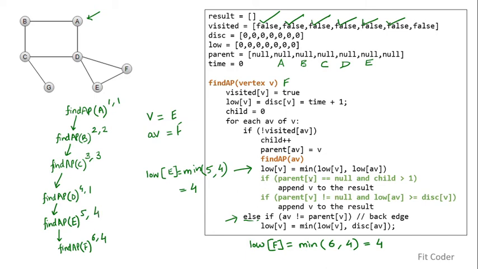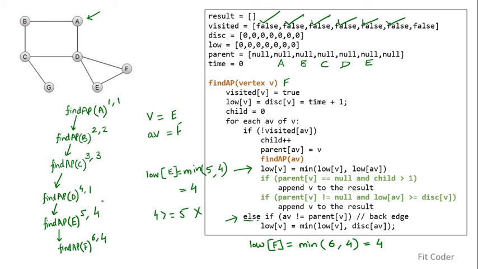Parent of E is not null, so we come in the next if condition: low of AV is greater than discovery time of V. Low of AV, which is F, is 4, and discovery time of V is 5. So this condition is not true, so we do not append anything.